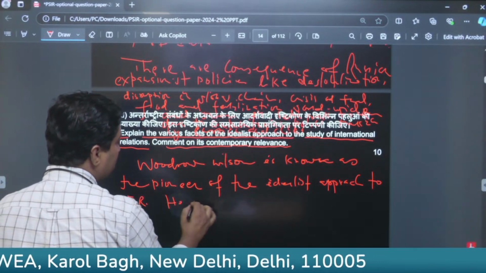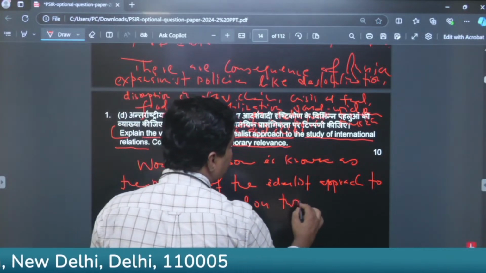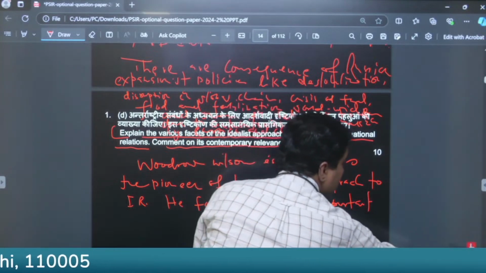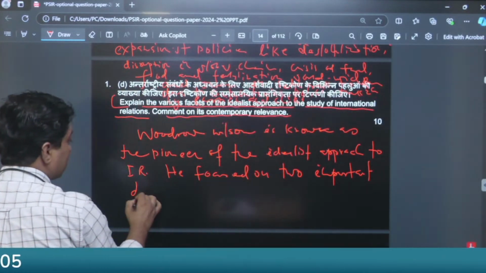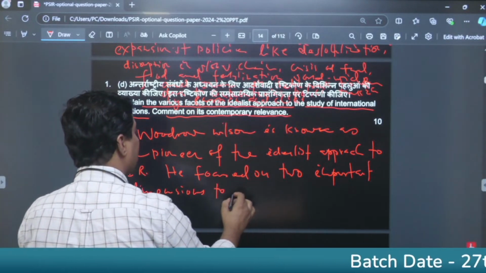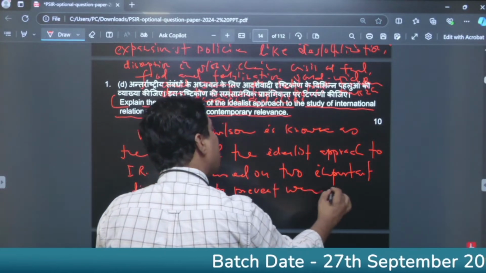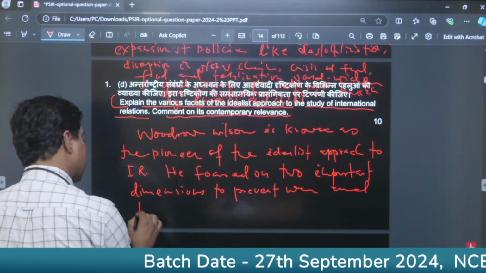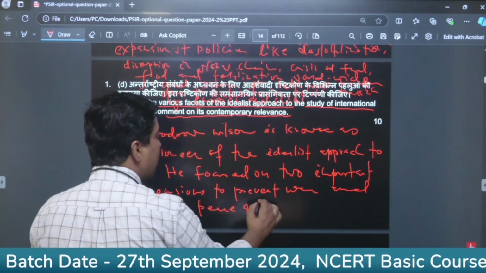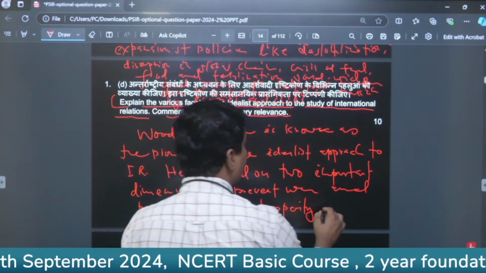He focused on two important dimensions to prevent war and promote peace and prosperity in the world.